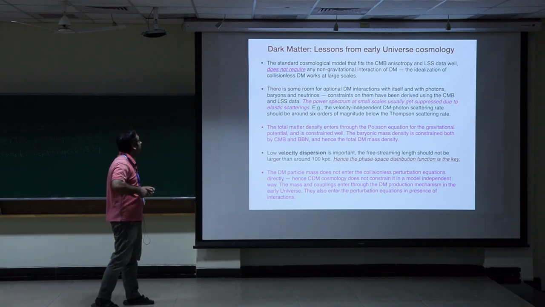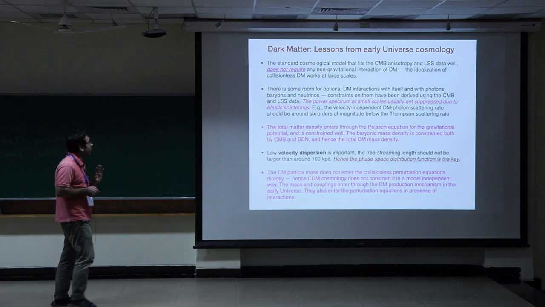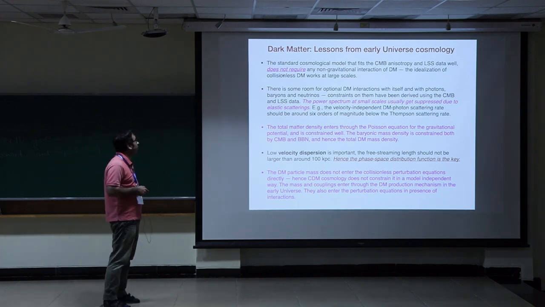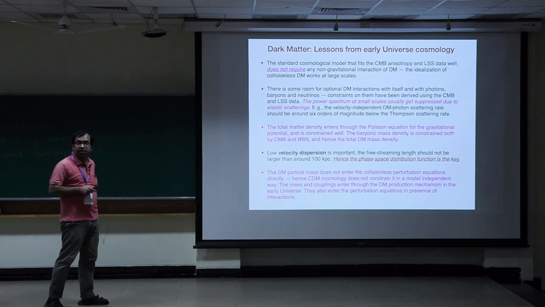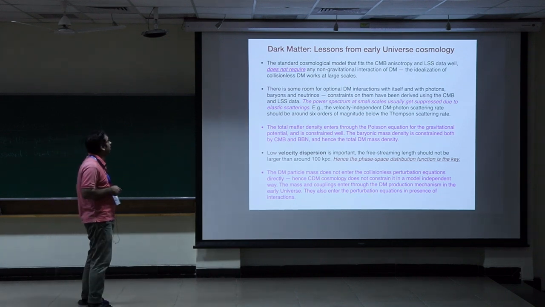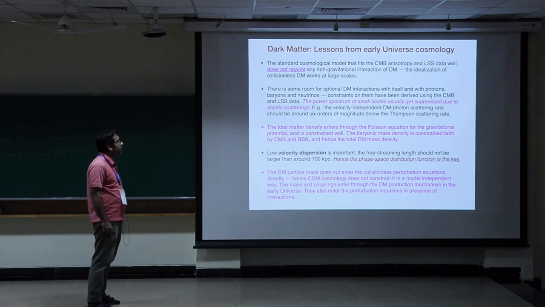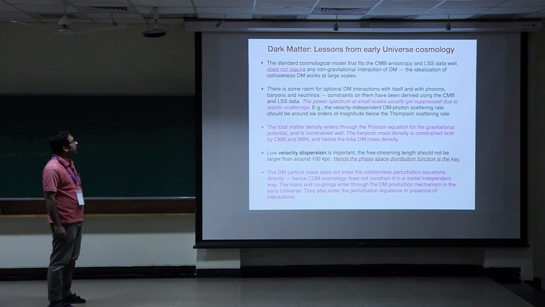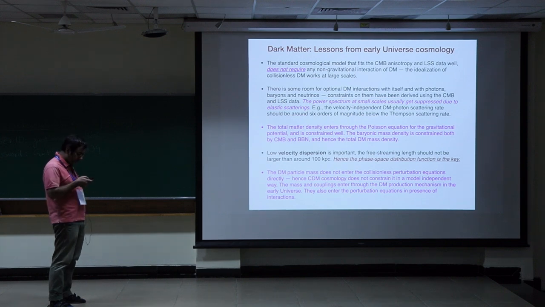We all probably know, and I'll keep it at a non-technical level since the audience is very broad, that the standard cosmological model, the lambda CDM, fits the CMB anisotropy and LSS data well. And it does not require any non-gravitational interaction of dark matter.